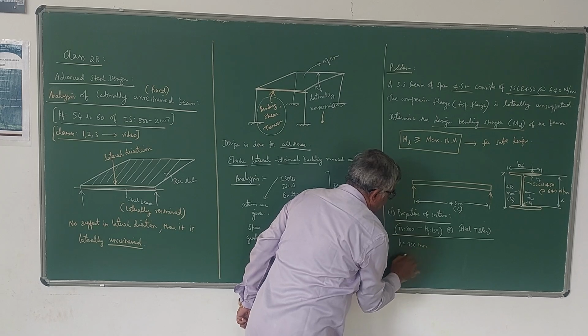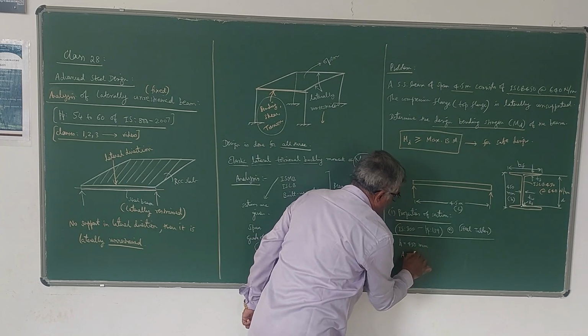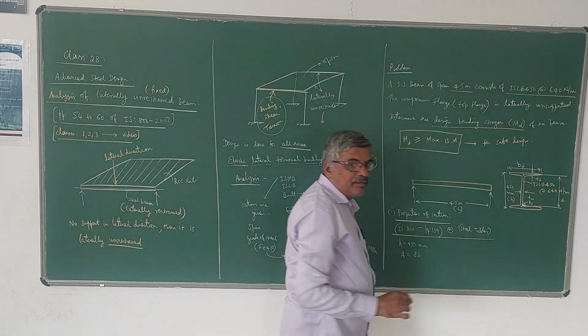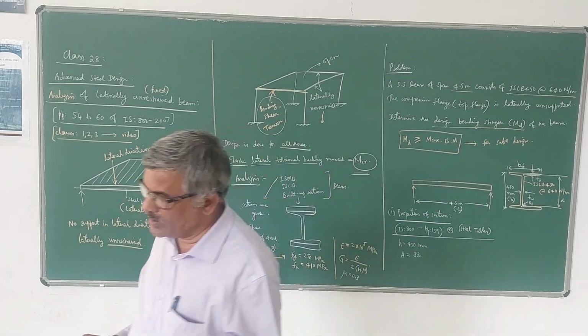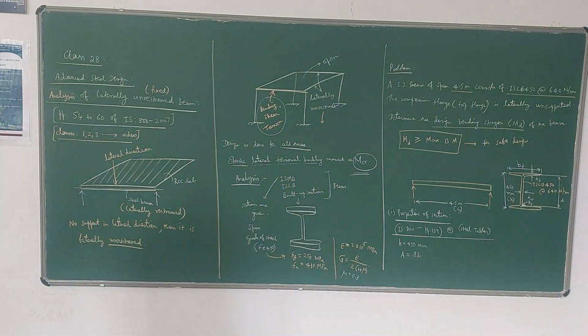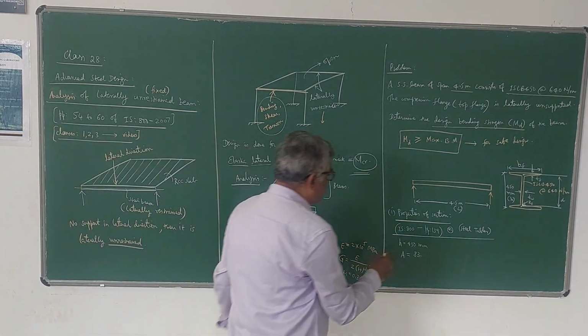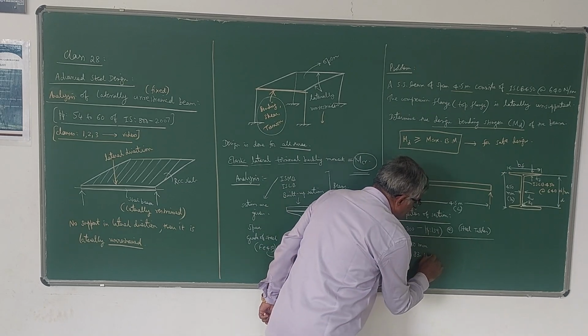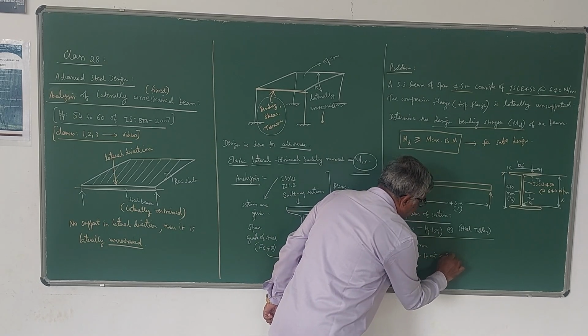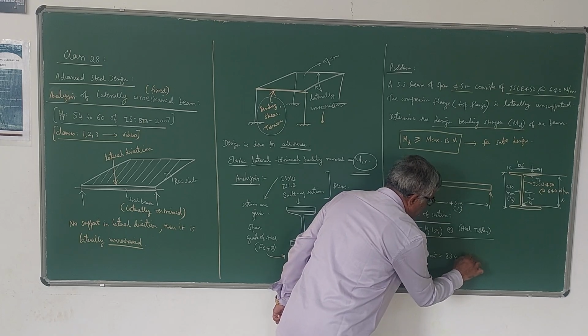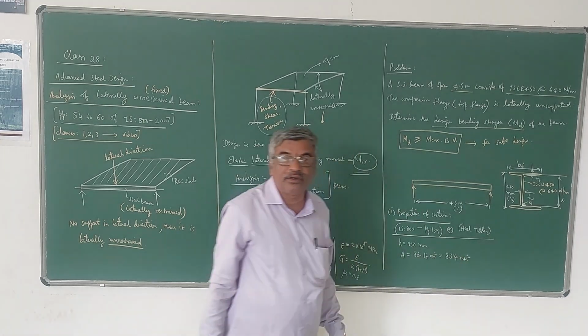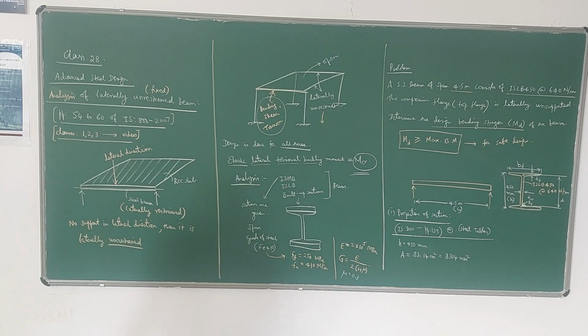Area of the section, sectional area: 83.14 centimeter square. If you want to convert to millimeter square, it is 8314. Next property is BF.